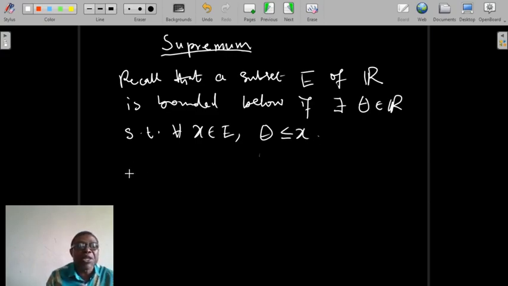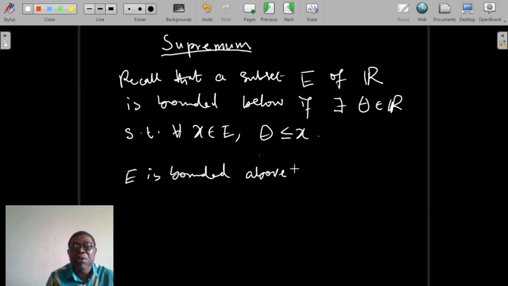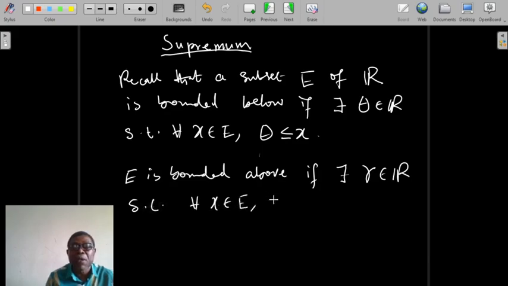And the set E is bounded above if we can find gamma in R such that for any x we pick in E, x will be less or equal to gamma.